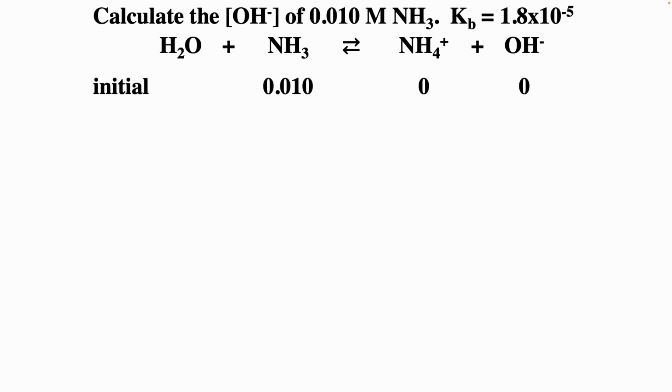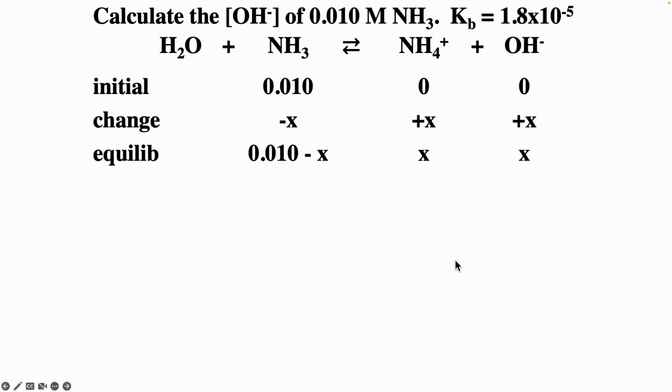So initially we have 0.01 molar ammonia, 0 of ammonium ion, 0 hydroxide ion. When x reacts, we'll get x ammonium ion, x hydroxide ion. Equilibrium is initial plus change. Now our K is really small, so most likely x is negligible compared to 0.01.